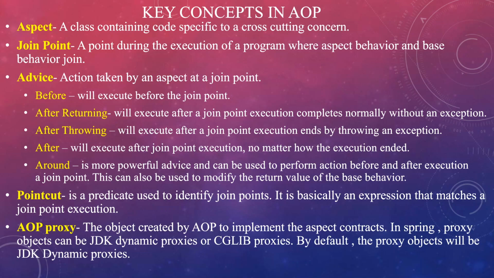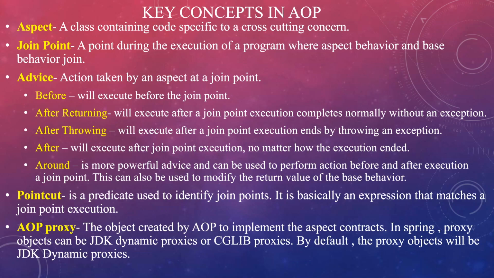There are two ways Spring AOP creates the proxy object. One is the JDK dynamic proxies. These are the APIs that come within the JDK. The condition is that the class, that is the target object, must implement the interface.